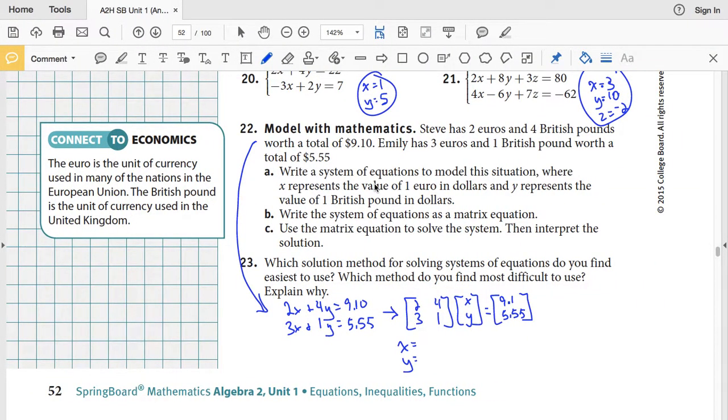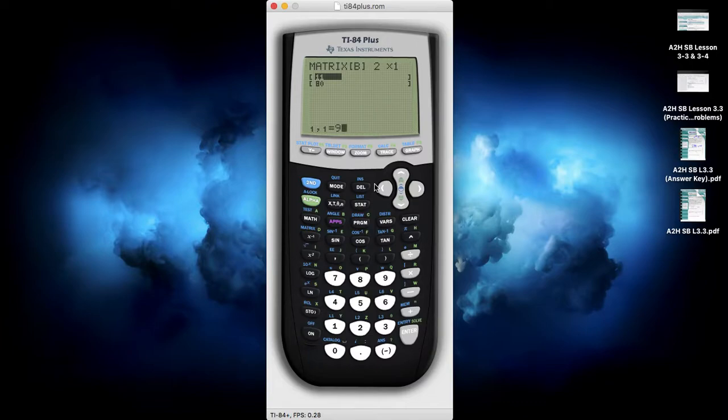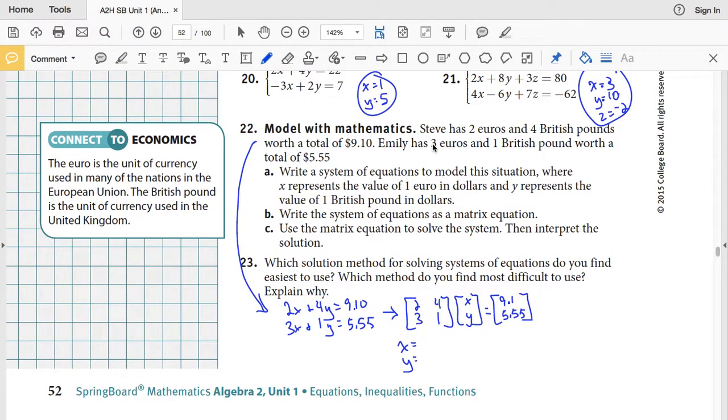And this is 9.1 and 5.55. And we'll second quit. And we're to the main screen. We'll hit second entry. We have our new values in here. Inverse of A times B, and that is equal to 1.31 and 1.62. So x is 1.31 and y is 1.62.